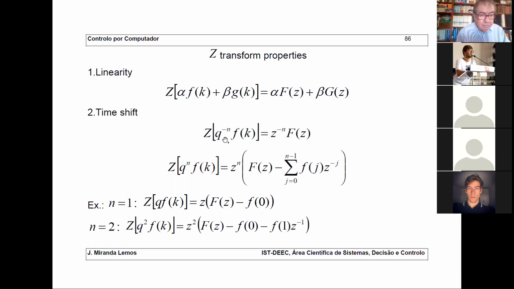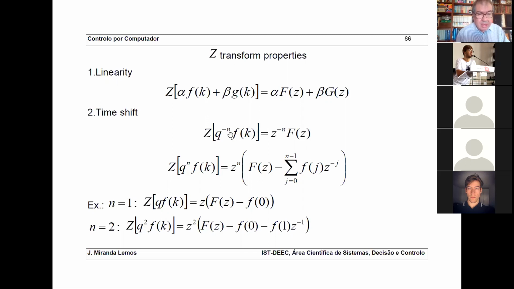Now we have time shifts, and these are very important. Let me introduce some notation that I have not yet defined. What's the meaning of q minus n? It's f of k minus n. So I say that f of k minus n is f of k shifted backwards n times.